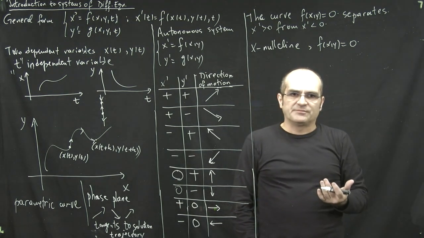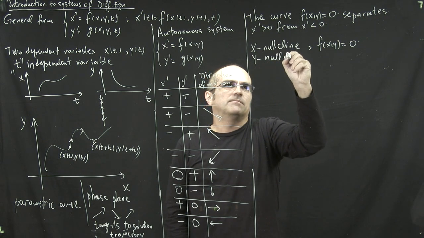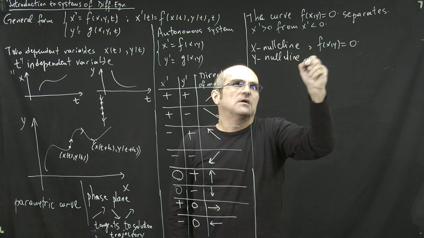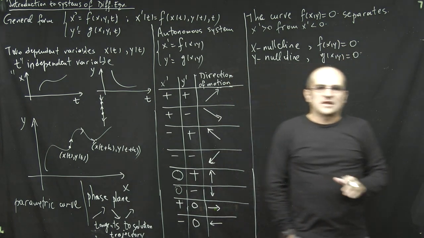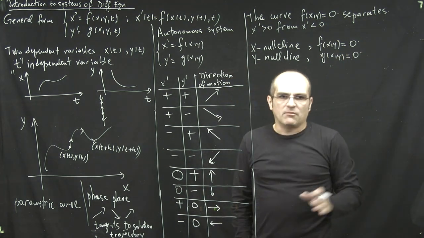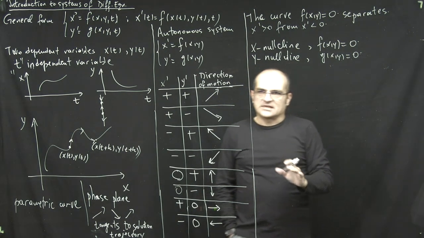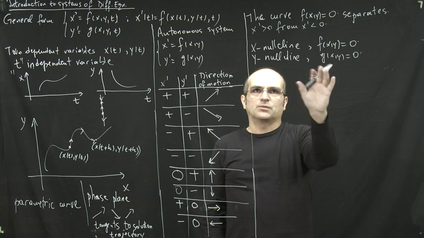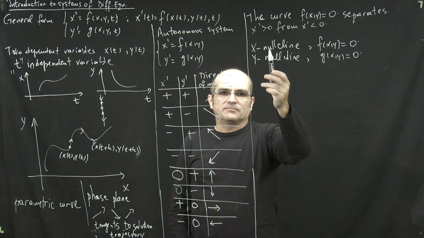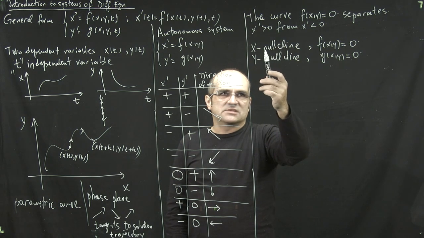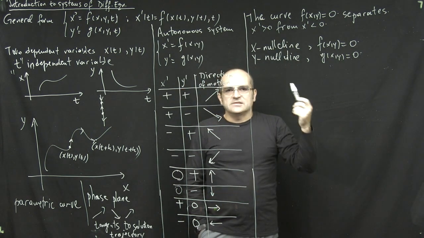x prime negative. And the y nullcline, of course, is the curve g of x, y equals 0. Again, I know that it may be a little bit vague, but once we get to an example, try to understand before we move on with the first example what we mean by this. This is just a fancy name. Remember, there was another kind of similar name, isoclines, for instance, in the single ODEs.